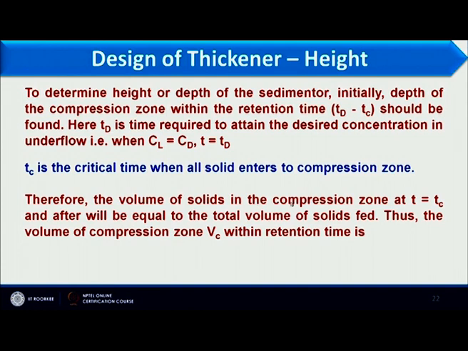Therefore, the volume of the solid in the compression zone at time T equal to Tc and after will be equal to the total volume of the solids fed. Thus, the volume of the compression zone within the retention time is the volume of the solid plus the volume of the liquid available in the compression zone.